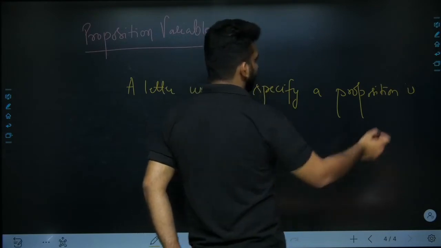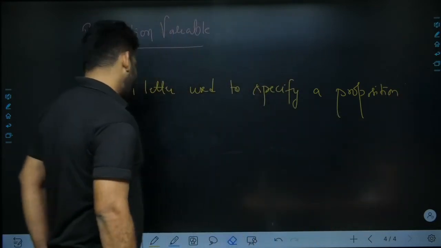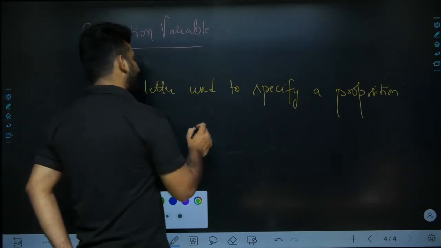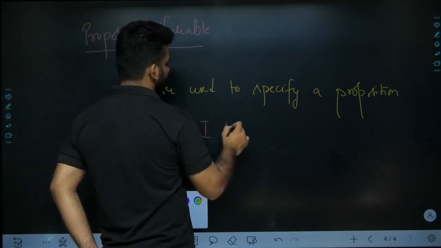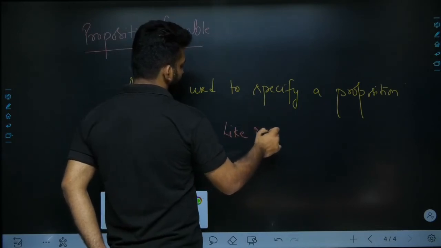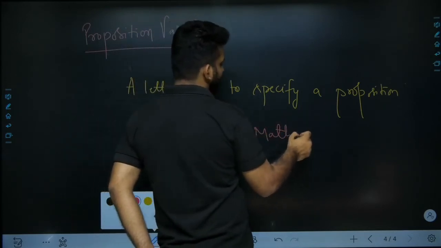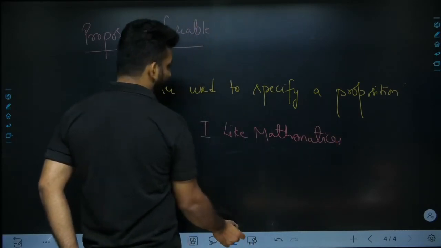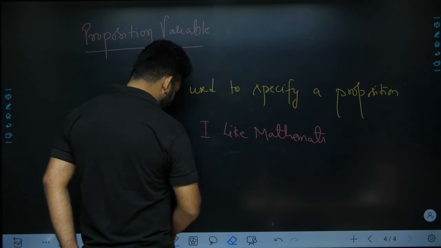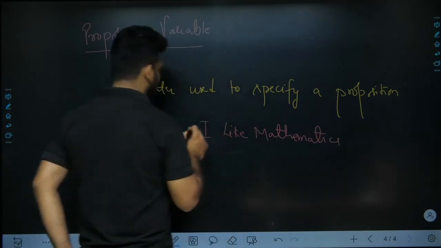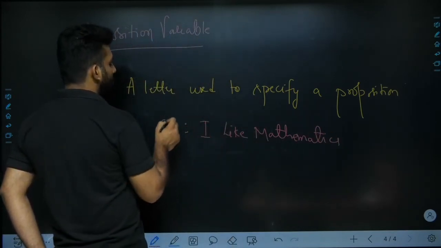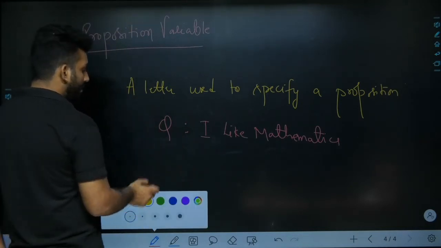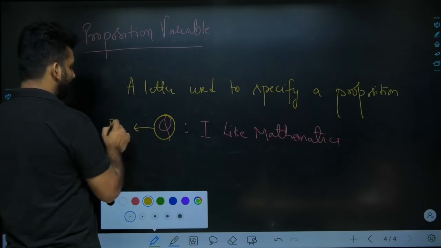For example, if I say I like mathematics, and let's say this complete proposition I am denoting with the help of a variable, say q. So q is my proposition variable. This is PV, proposition variable.